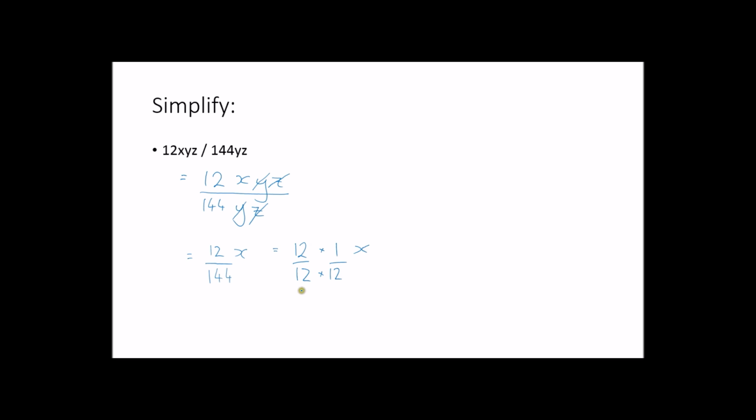Now 12 over 12 is exactly the same as y over y and z over z, it's 1. So these cancel out. We're left with 1 over 12 times x, or you could write it as x over 12. You cannot write something like 12x because that's just wrong. If your 12 is in the denominator, it can't suddenly hop up into the numerator there.